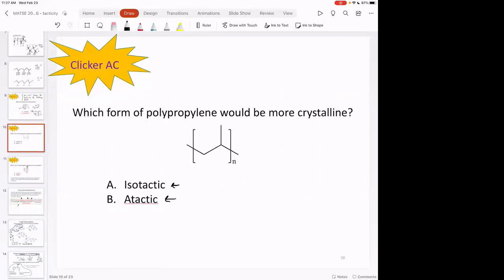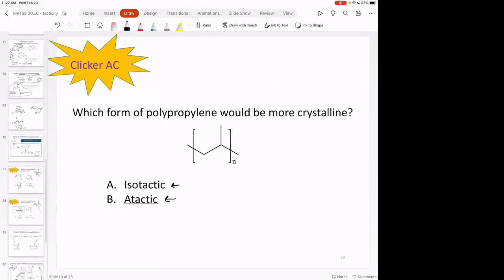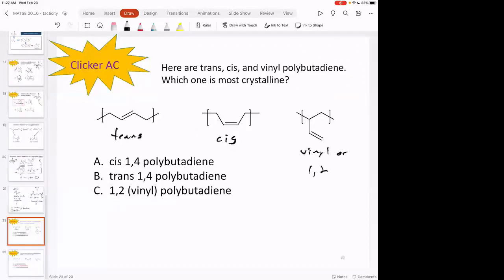Which one is more crystalline in terms of tacticity? And so we indicated that regularity of packing was a good thing, and thinking about how this might pack into a crystal. And so the question is, looking at these structures, and this is exactly sort of how they look like in 3 dimensions, if you can imagine that, which one is the most crystalline, or which one will pack the best based on just your visualization of what these things look like?